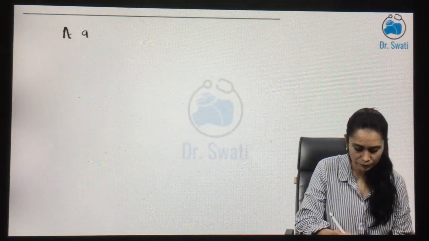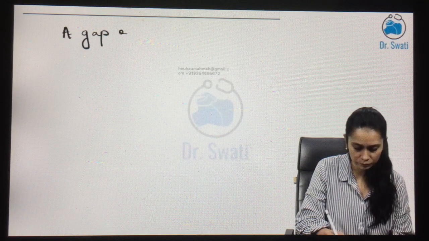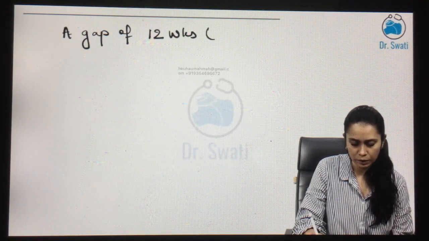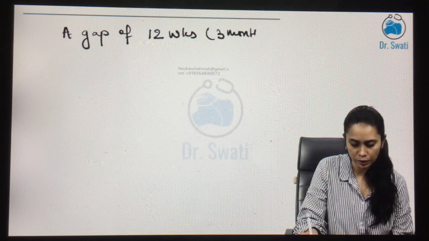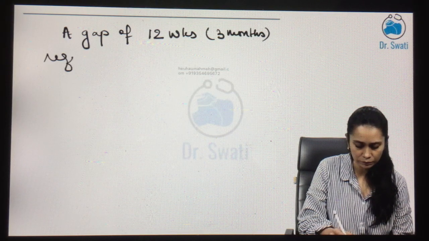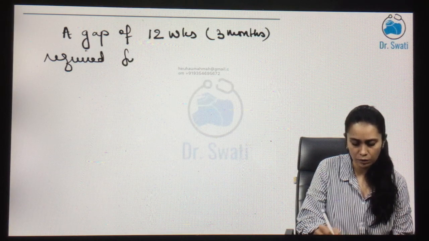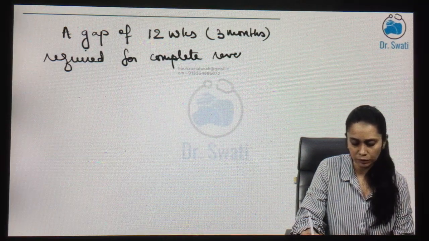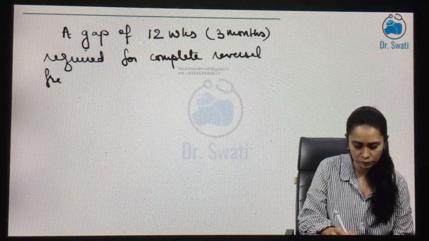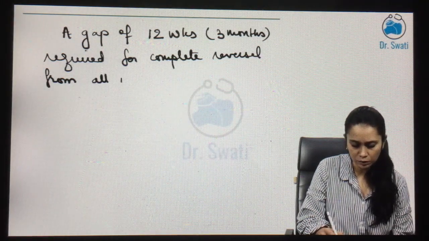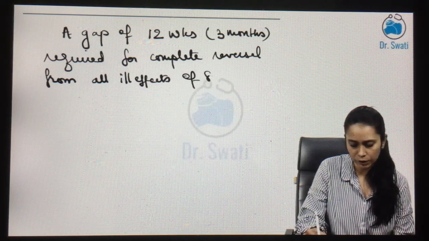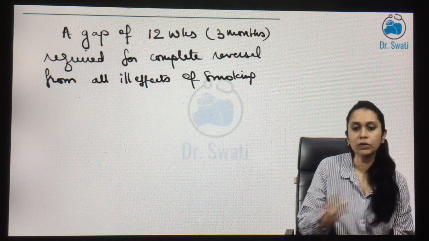So a gap of 12 weeks, 3 months, is required for complete reversal from all ill effects of smoking. Got my point? Understood this?